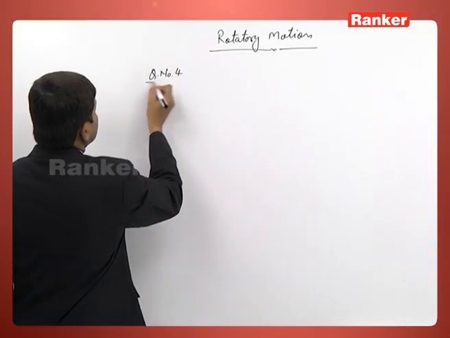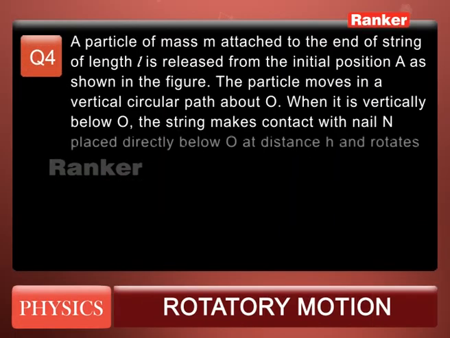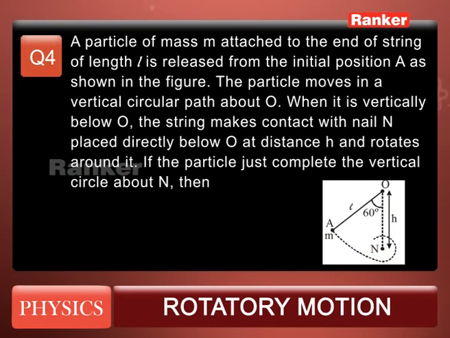Question number 4. The question is given as: a particle of mass m attached to the end of a string of length L is released from the initial position A as shown in the figure. The particle moves in a vertical circular path about O. When it is vertically below O, the string makes contact with a nail N placed directly below O at a distance h and rotates around it.